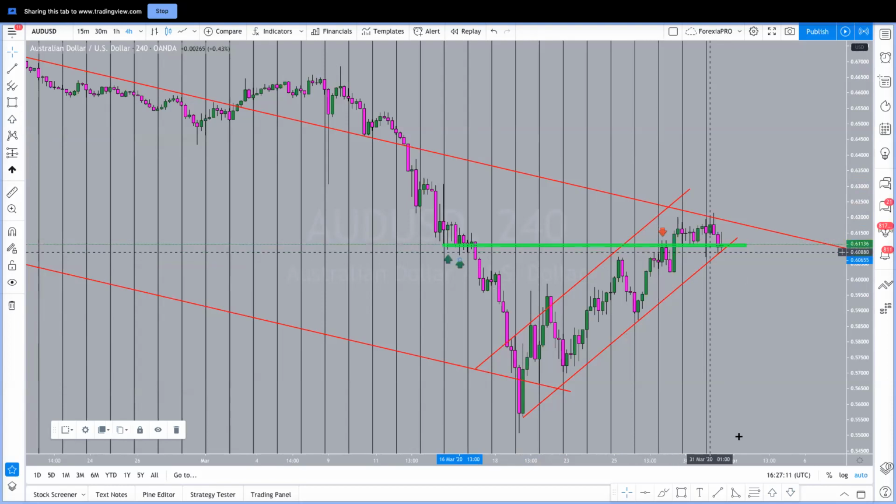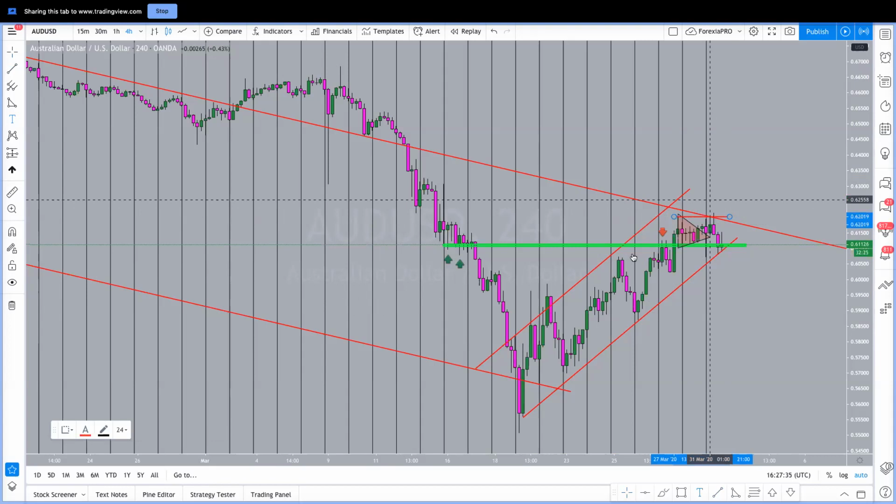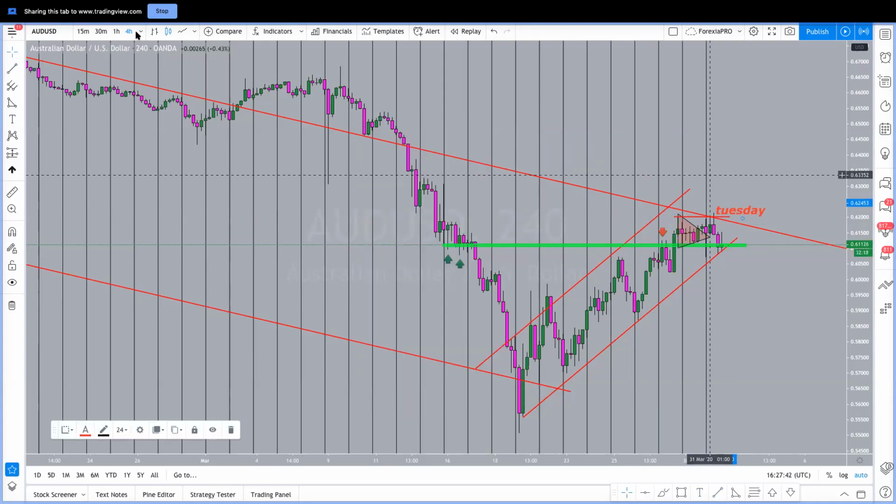And then finally, right at this top, which is the signature trade, price breaks out to the high, traps everybody at this high, and now goes down. And this happened on Tuesday. Now we're going to go down and I'll show you. But this is just to show you the reason for my trade.